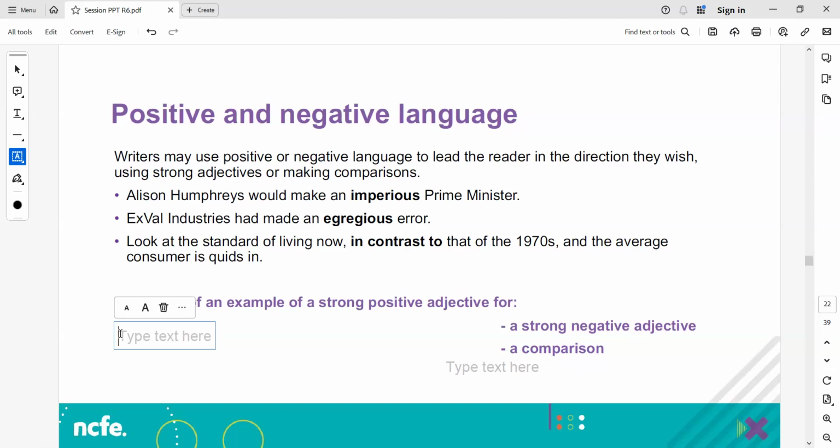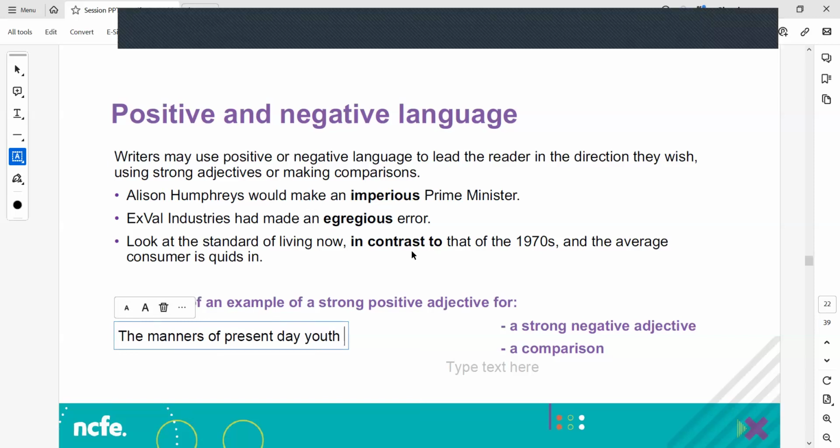Can I try? Yeah, of course. "The manners of present day youths is quite different from manners back then in the olden days." So rather than saying "is different to," should we put "in contrast to"?